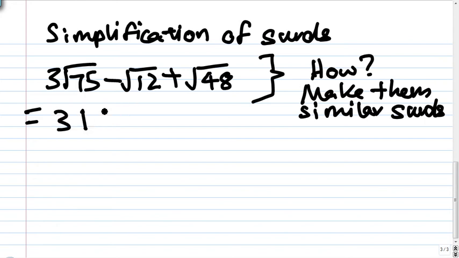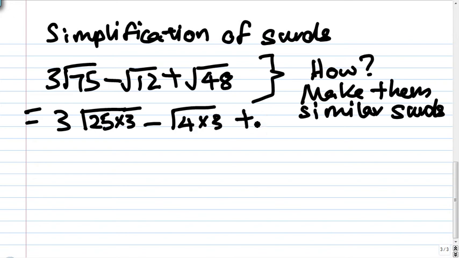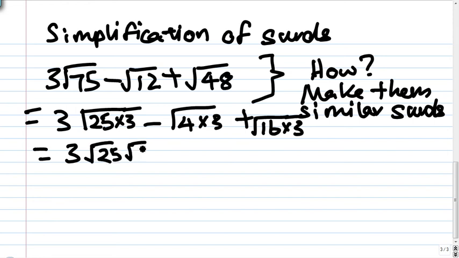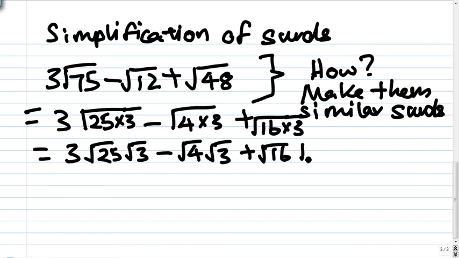This can be written as 3 square root 25 times 3 minus square root 4 times 3 plus square root 16 times 3. You can write this as 3 square root 25 square root 3 minus square root 4 square root 3 plus square root 16 square root 3. There you go. Now what's square root 25 in this case?